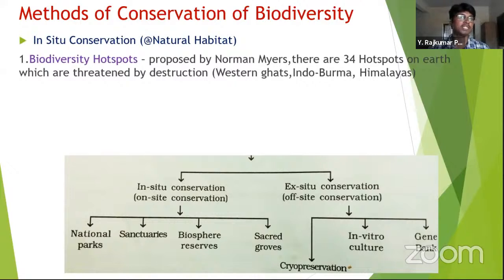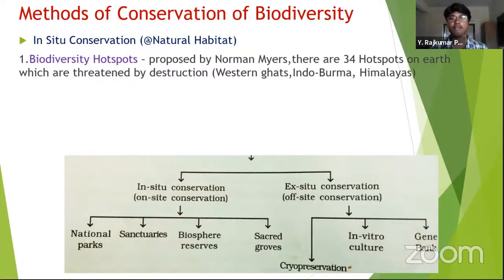We have named some of the regions of the world as biodiversity hotspots. That means wherever the threatened species are, wherever the species number is decreasing, that place is identified as a biodiversity hotspot, and we protect those hotspots.